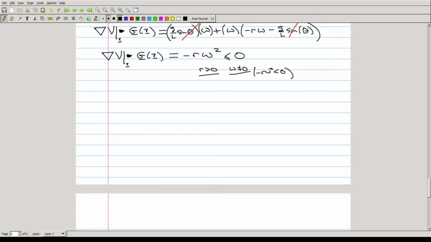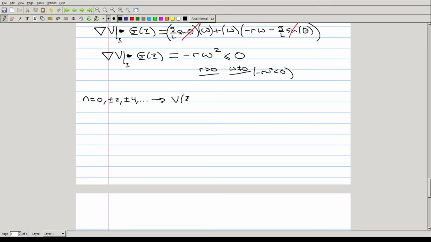Now, it's important to point out that this is only a Liapunov function for the even values of n, specifically when n is 0, plus or minus 2, plus or minus 4, and so on.